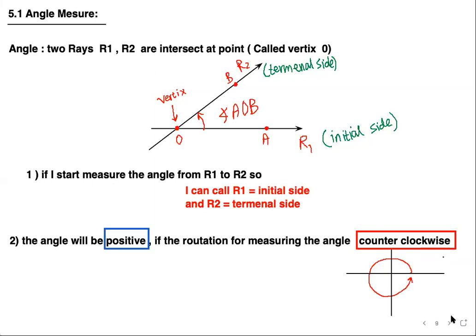Counterclockwise is positive. Yes, Mayasha, this is correct. Now, for example, if I have R1 goes to R2, so the angle here is R1 goes to R2.